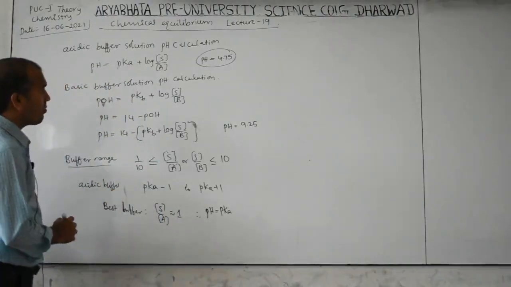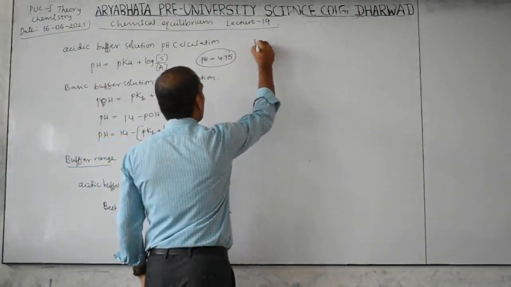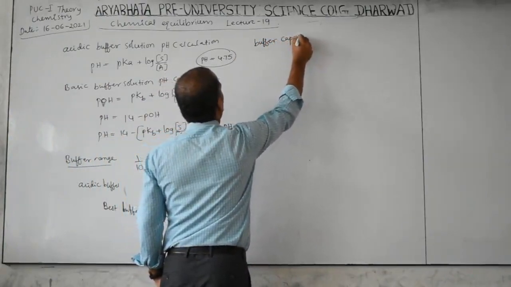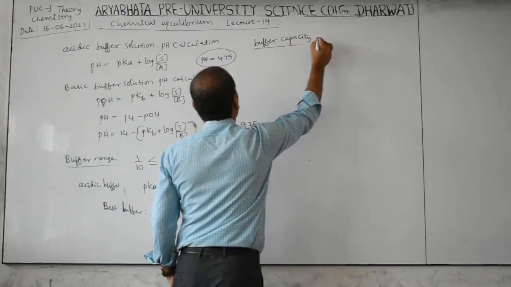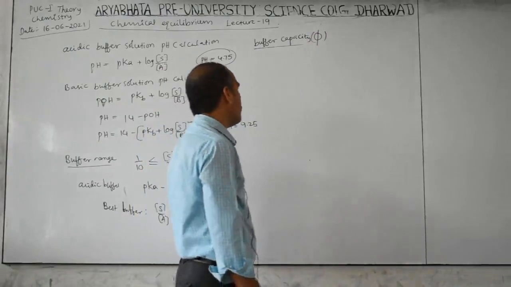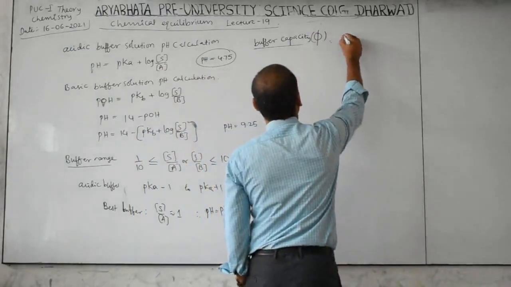Next, buffer capacity. This is denoted with the symbol β. Now, what is the definition?